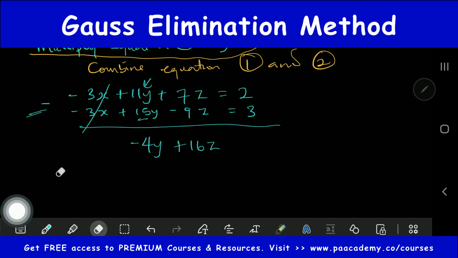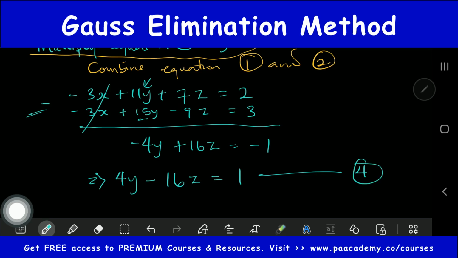That equals 2 minus 3, which gives us minus 1. With this, we can also rewrite it by multiplying everything by minus 1, as 4y minus 16z equals 1. Let's name this our equation 4, so take note of that.